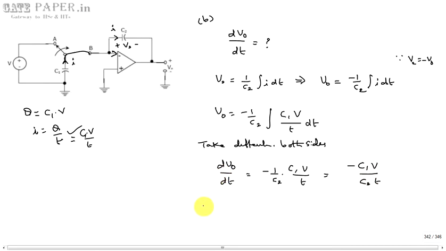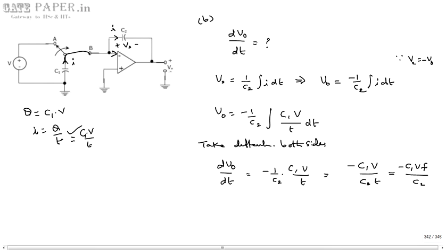And this 1 by T can be written as f, so it is minus C1 V f divided by C2. This T you should not write as small t, you may get confused. Actually you are going for the average rate of change of output voltage.